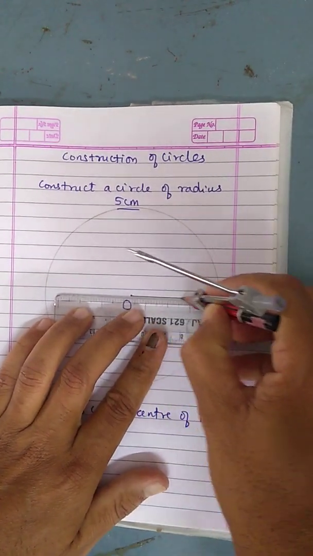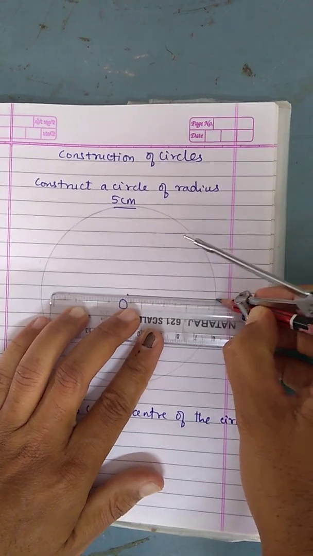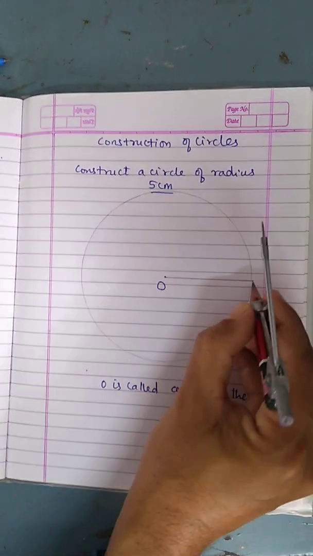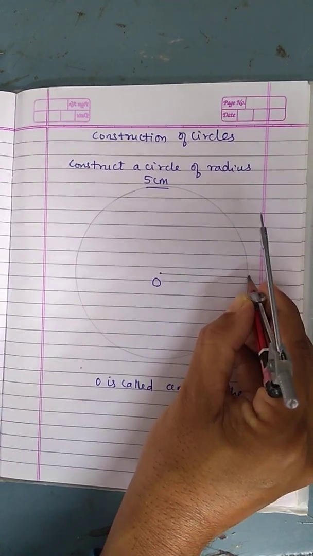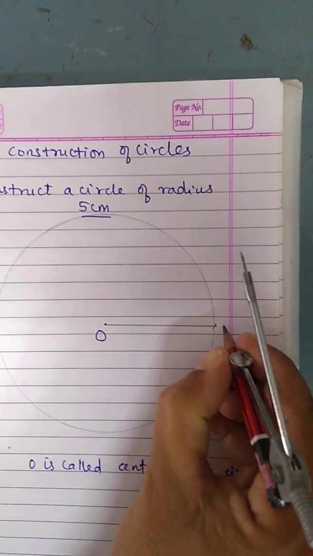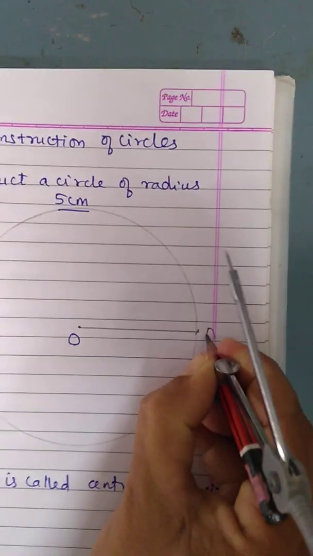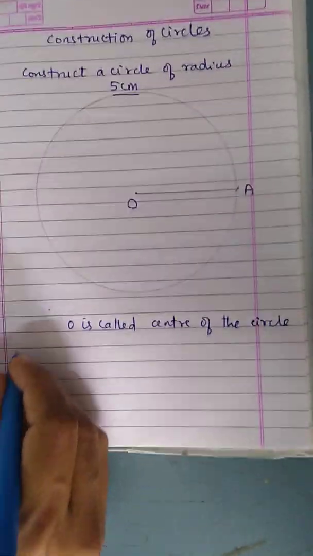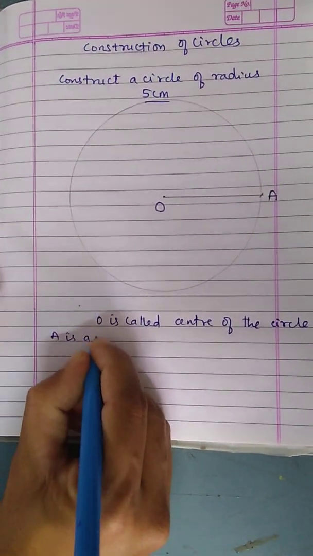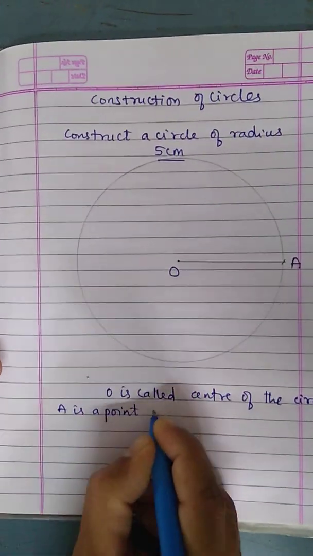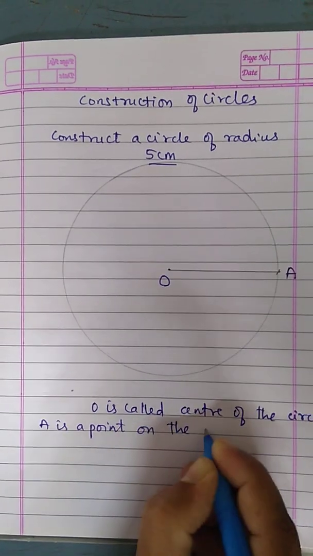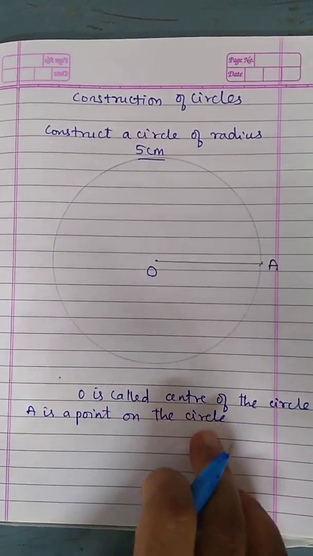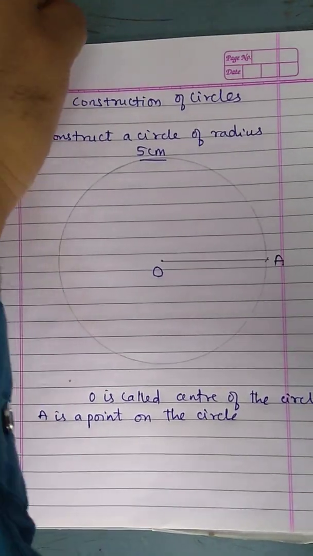This point where the line segment joins the circle, I can name anything, A. So A is a point on the circle.